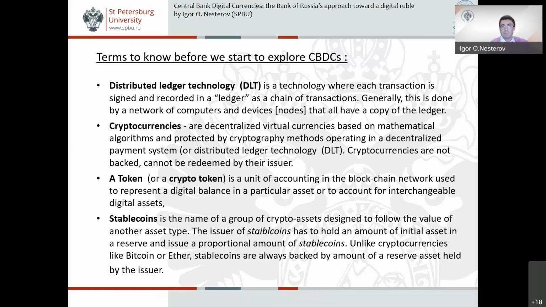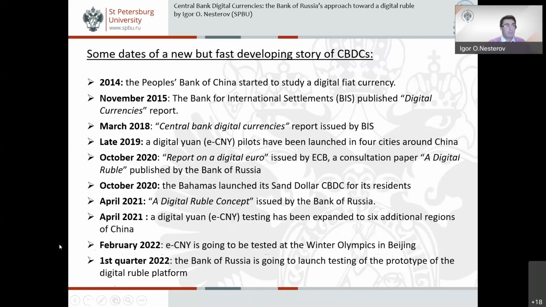I hope this short explanation will make it more or less clear about the nature and definition of these terms. Now we can start to explore the central bank digital currencies topic. As I have already mentioned, central bank digital currencies, or CBDCs in short, is a quite new but very fast developing story.